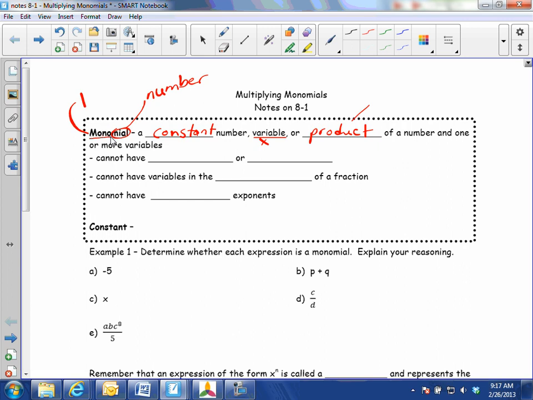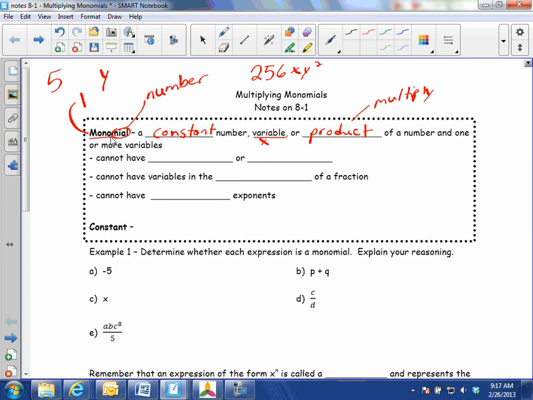Or a product of a number and one or more variables. Some examples: we can have just a plain old number like 5, a variable like y, or a combination, like 256xy. That is also a monomial.